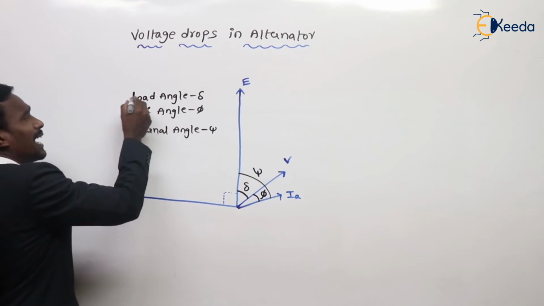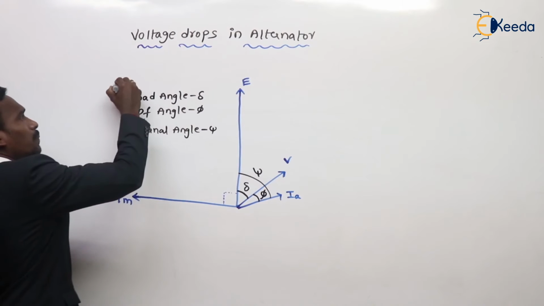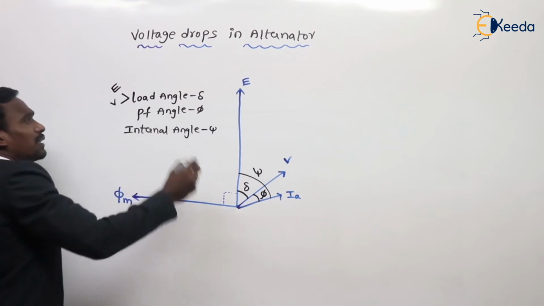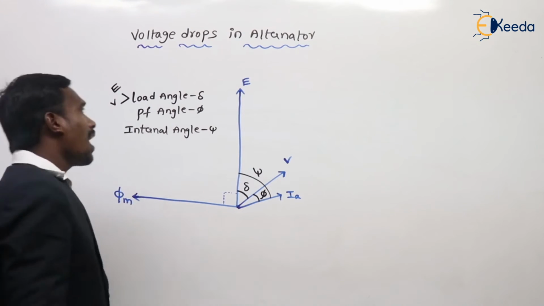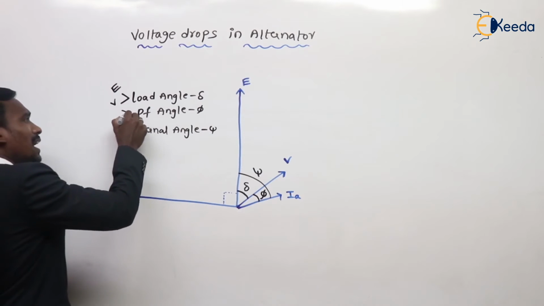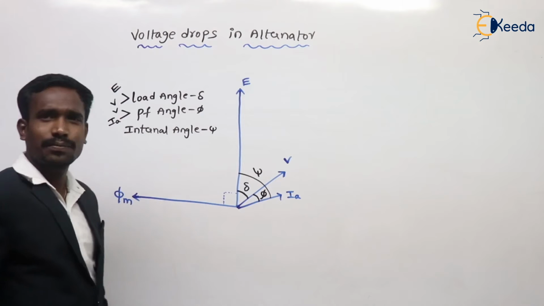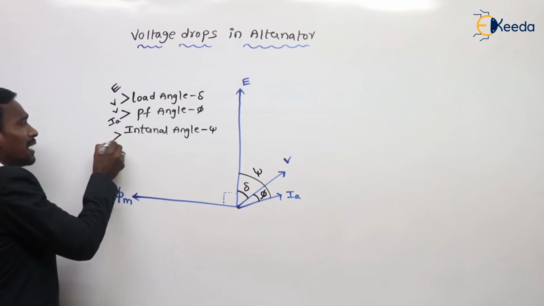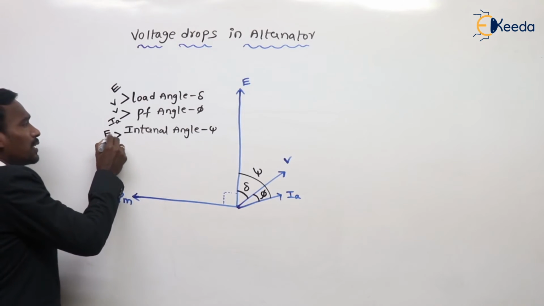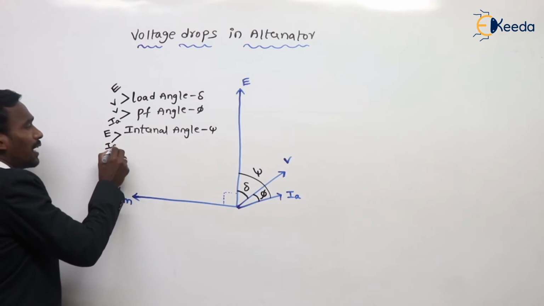Here the load angle is the angle between EMF and the voltage, and power factor angle is the angle between voltage and current. Internal angle is the angle between EMF and current.